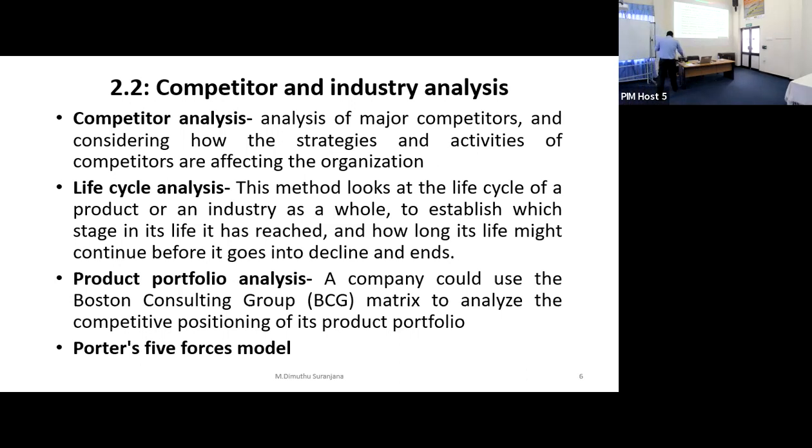In this BCG matrix, what we do is look at the market share and the industry growth rate. We have 2 variables: one is market share, the other is industry growth rate. We identify 2 options under each variable.